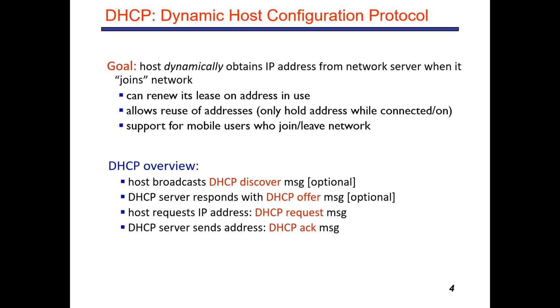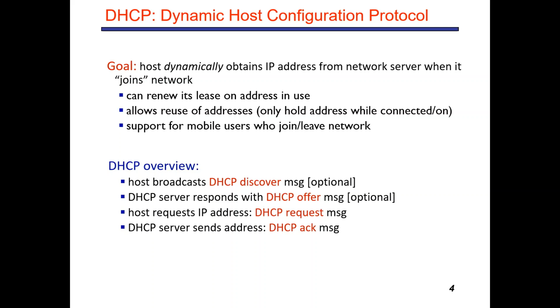It also allows the reuse of addresses, which means that unlike in static IP addressing, where a host has statically taken over an IP address, with DHCP, when the host leaves and the IP is free, it can also assign it to other hosts who are joining the network. And secondly, it supports mobile devices and other systems that require IP addresses and are joining and leaving the network.